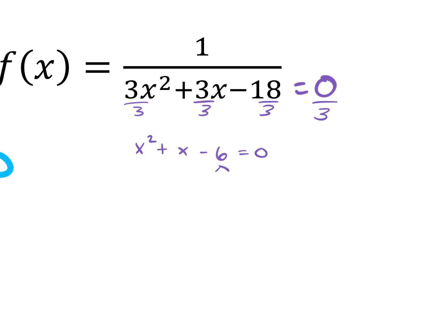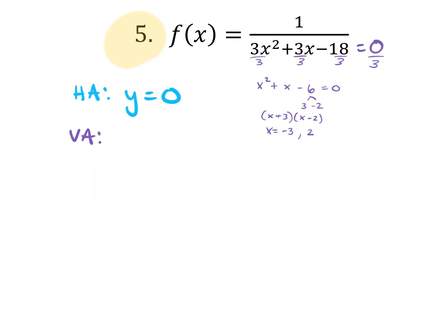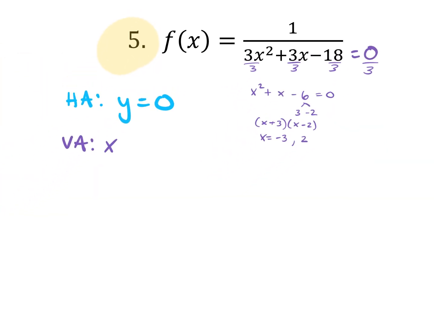What are 2 factors of 6 that add to 1? 3 and negative 2. So x plus 3 and x minus 2. So what does x equal? Negative 3 and positive 2. So our vertical asymptotes would be x equals negative 3 and x equals 2.